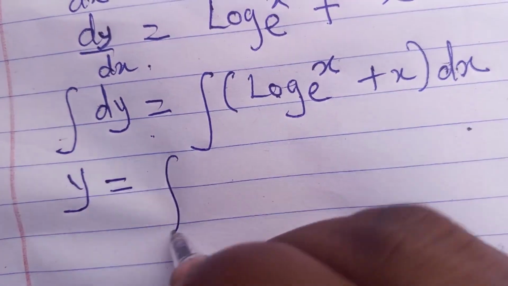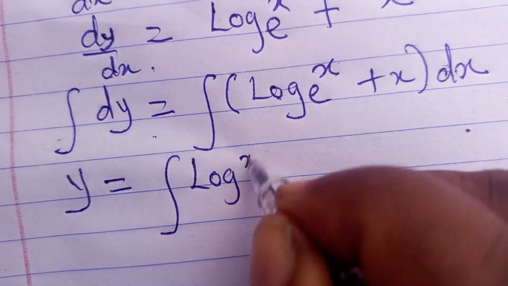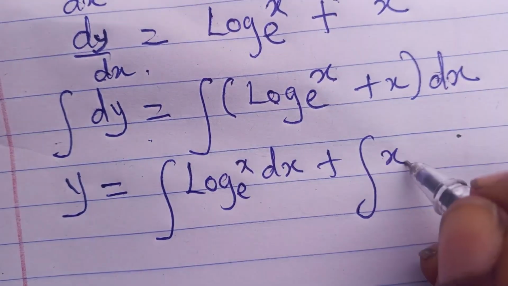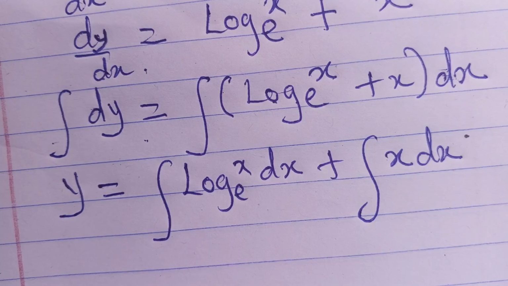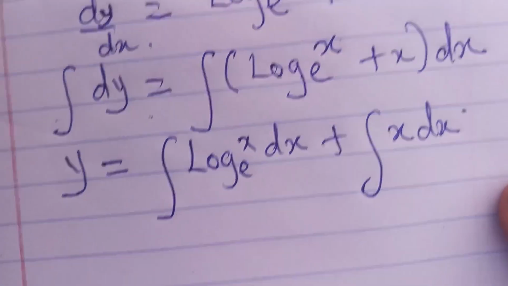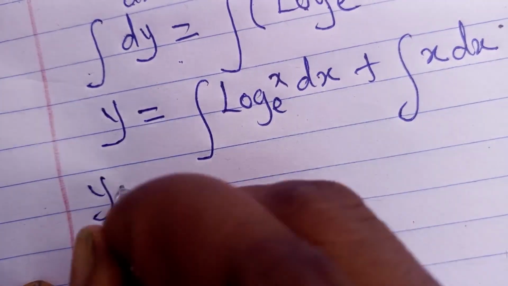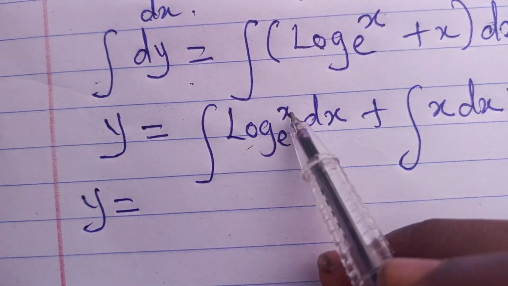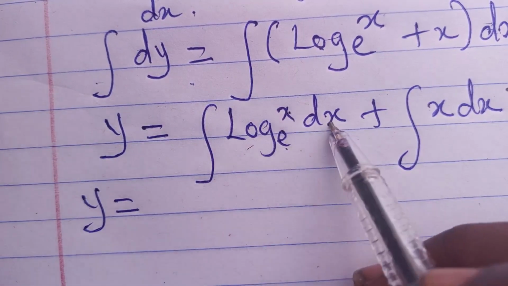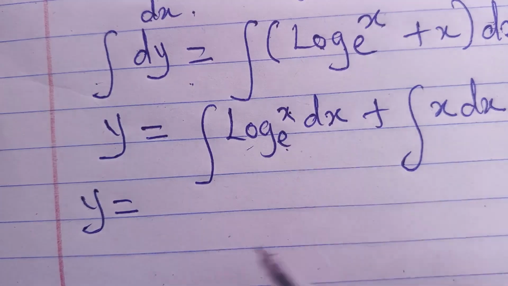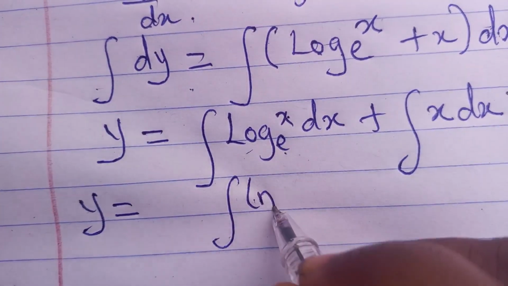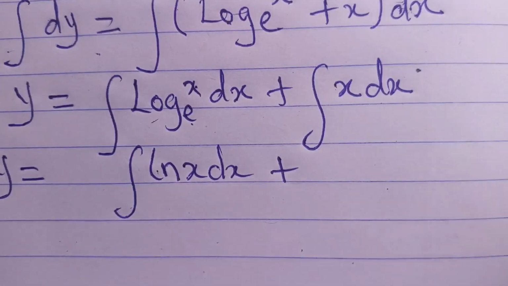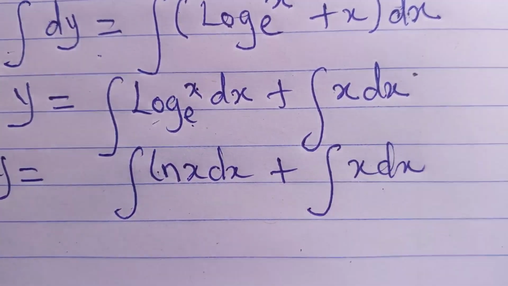So we're going to have the integral of log x base e dx plus the integral of x dx from the laws of integration, sum rule. Then we're going to have y equals, now the integral of log x base e dx can also be written as the integral of natural log ln x dx plus the integral of x dx.